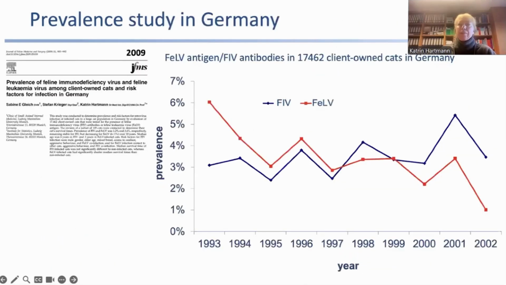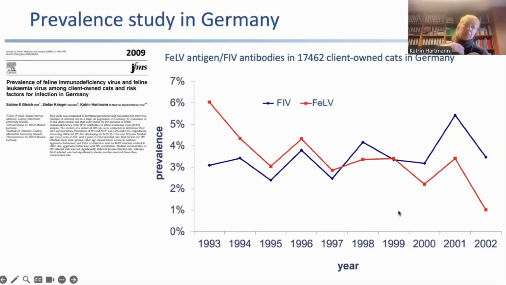Now, as I said, we looked at the behavior of FIV and FeLV over time, and we published this paper already 15 years ago, but still what we could show is that FIV prevalence is relatively stable. FIV will stay the same over time, while FeLV prevalence is really decreasing.